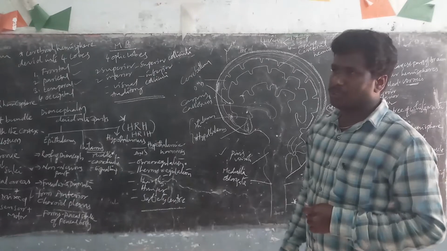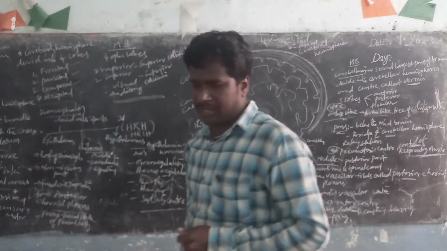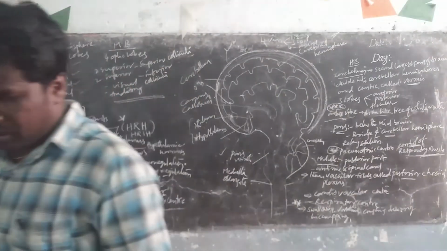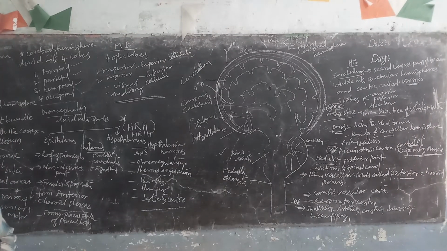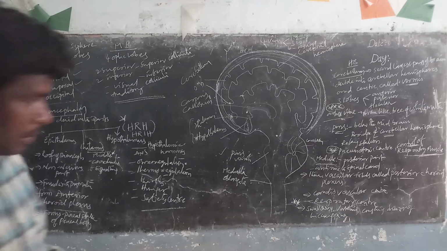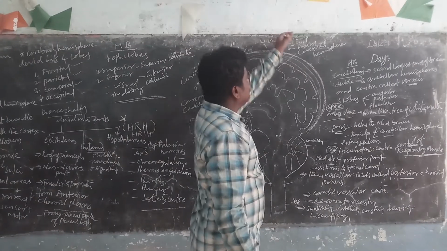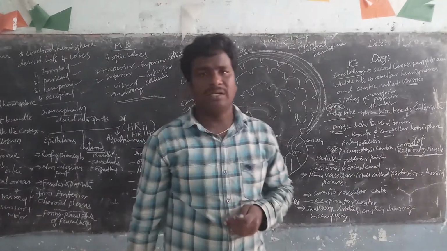These are connected with different regions. These three are present in the ventricles of the brain.